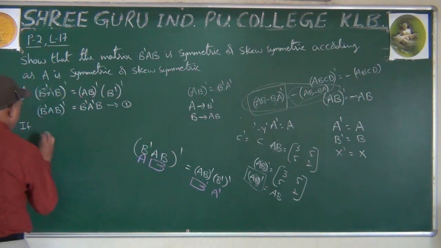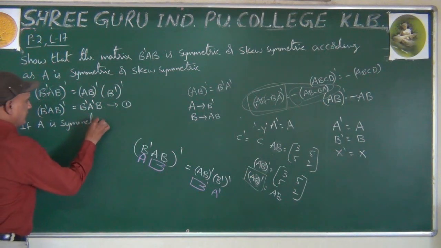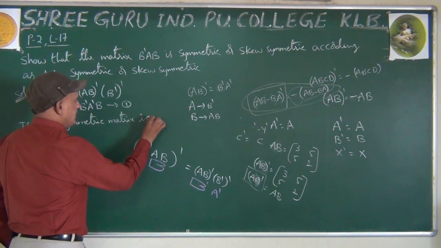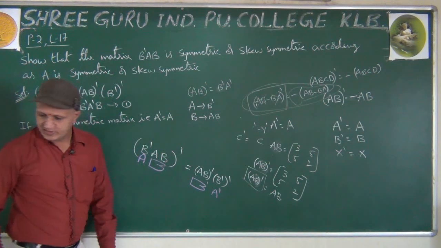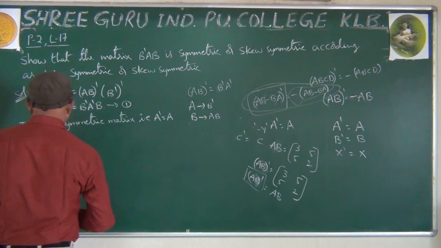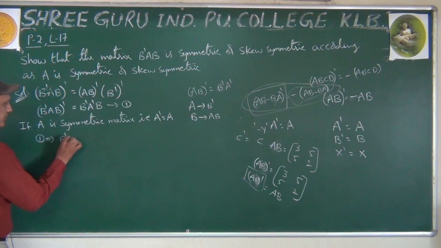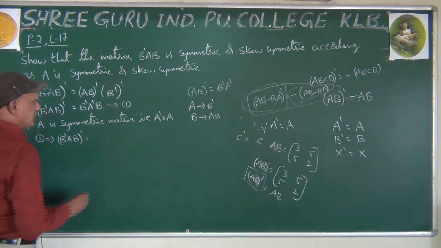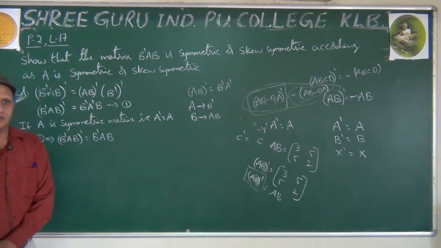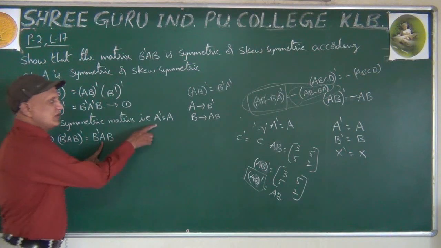That is the way of proving. So here, if A is a symmetric matrix, that is, A dash equal to A, then equation 1 implies B dash AB whole dash equal to B dash AB, because A dash is equal to A. Why?